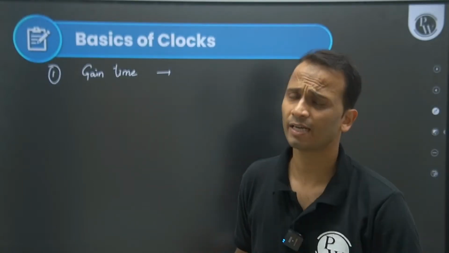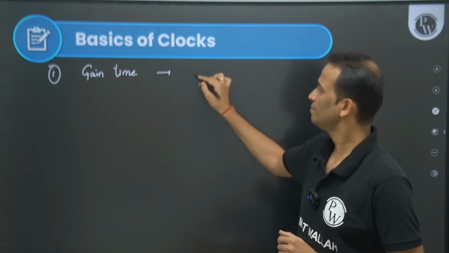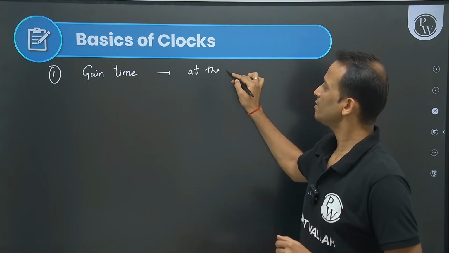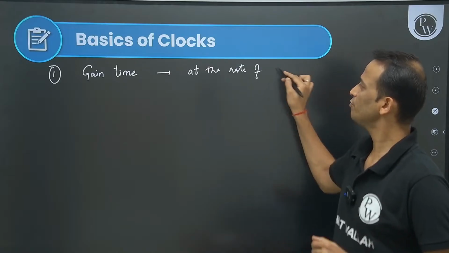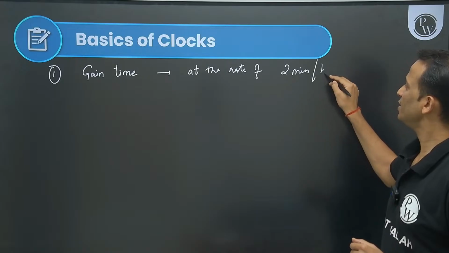तो अब स्टेटमेंट क्या कह रही है? स्टेटमेंट इज सेइंग दैट a clock gains time at the rate of 2 minutes every hour.